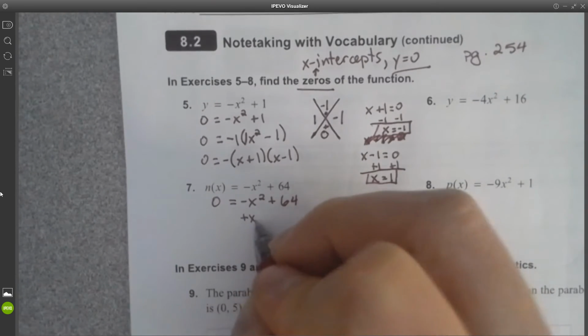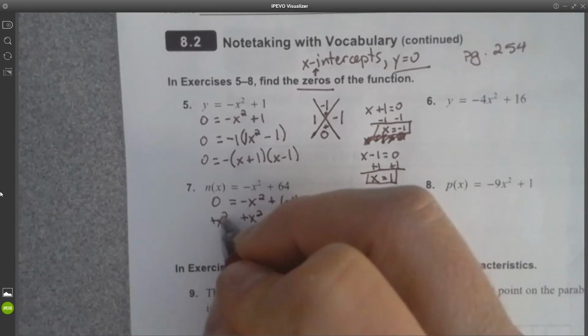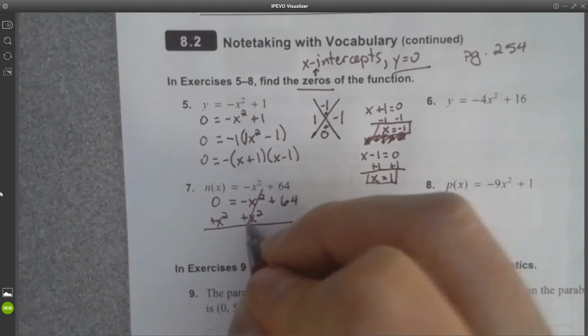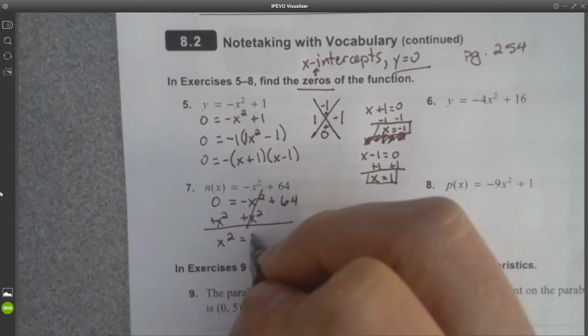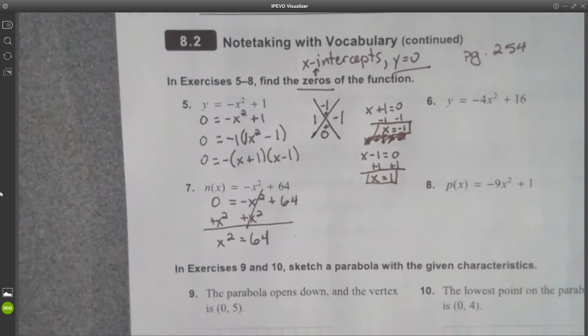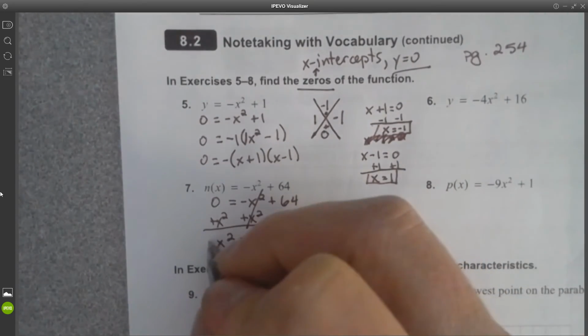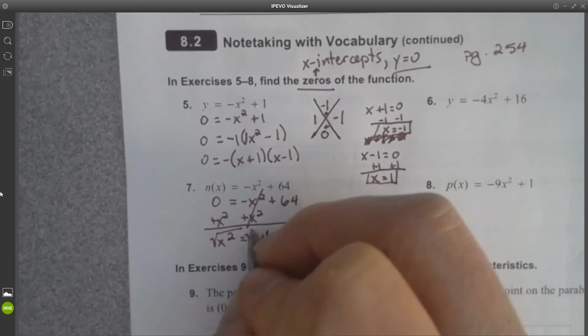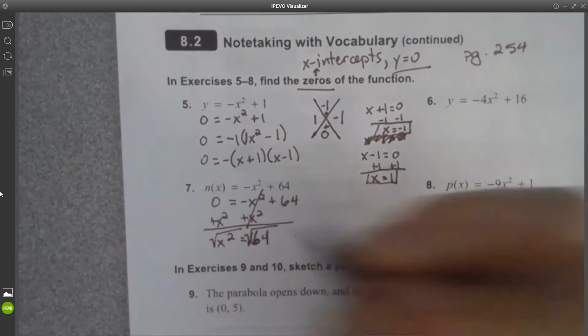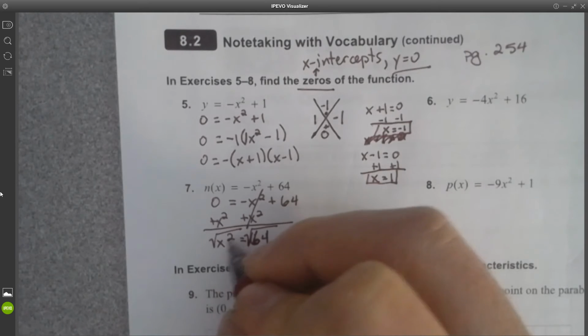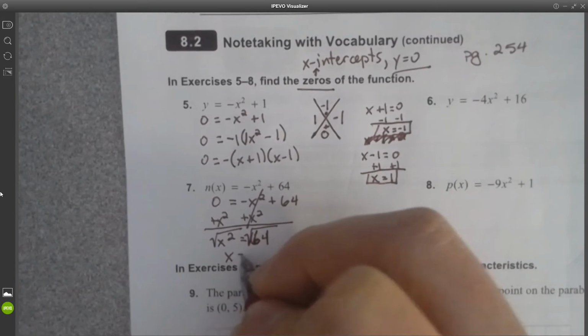So I would add x squared to both sides, and then I end up with x squared equals 64. So how do I get rid of a squared? Well, the opposite of squaring is taking the square root of both sides. So x squared, square rooted, is just x.